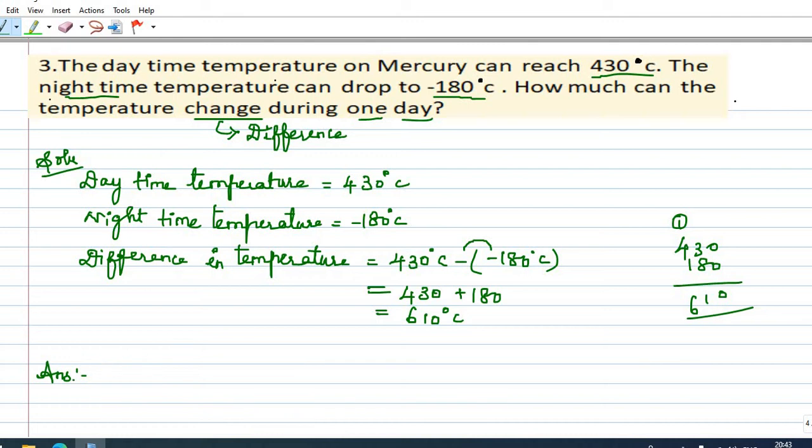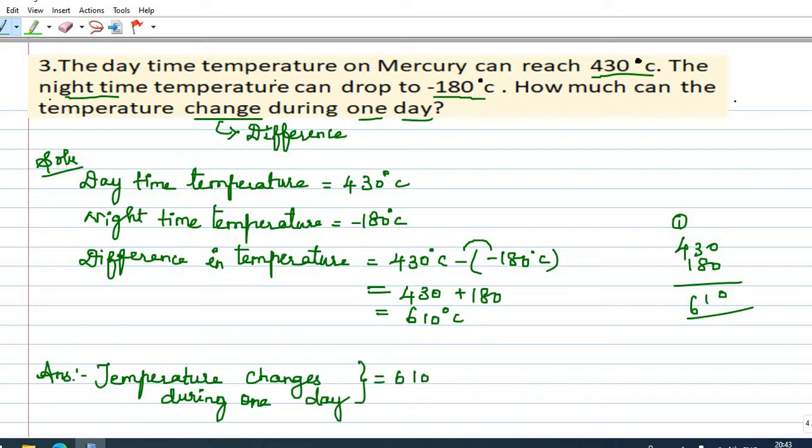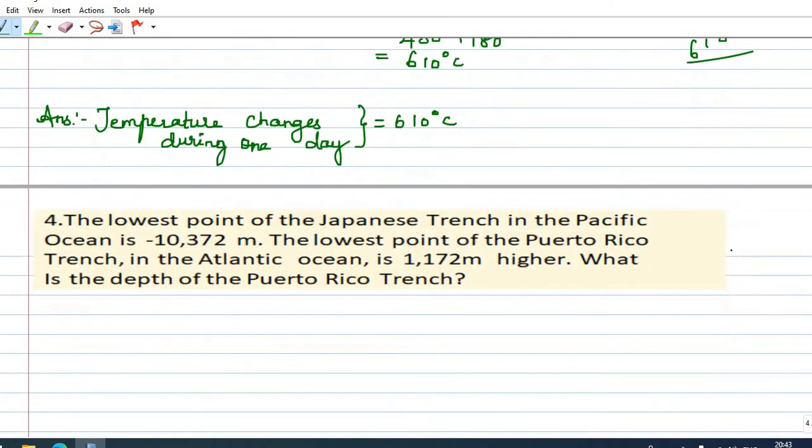Temperature changes during one day is equal to 610 degrees Celsius. Can you clear this, children? Shall I move on to the fourth one?